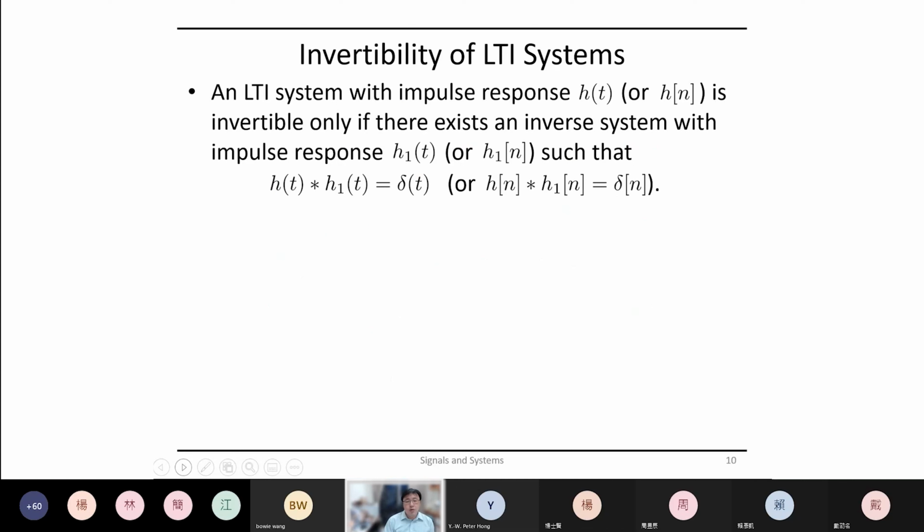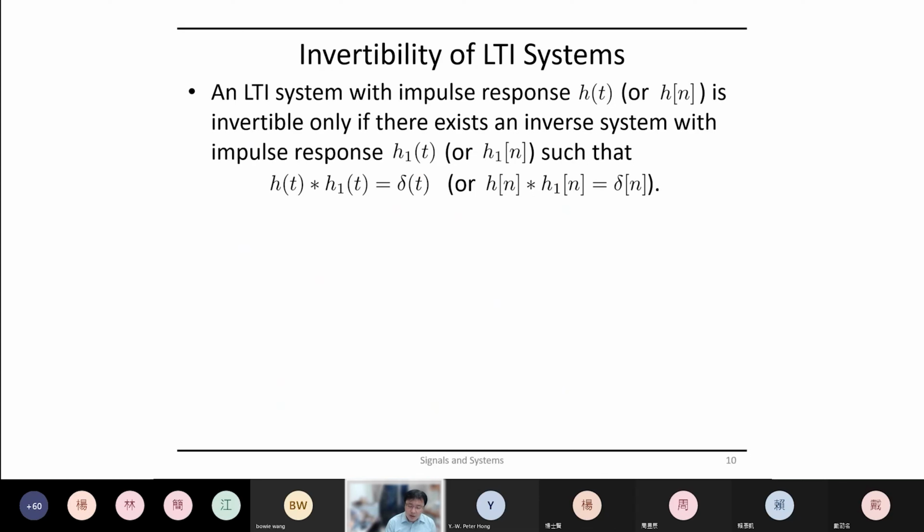So let me go through one more property: the invertibility of LTI systems. Recall that a system is invertible only if there exists an inverse system such that when you cascade this system with its inverse system, you effectively get an identity system.